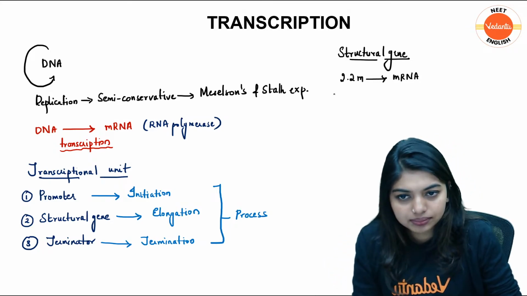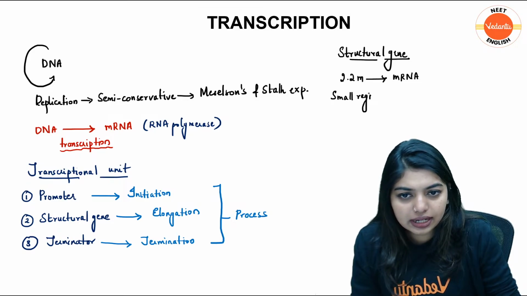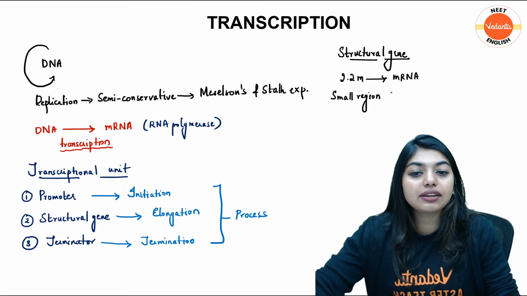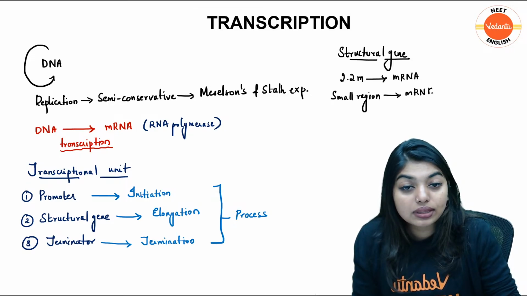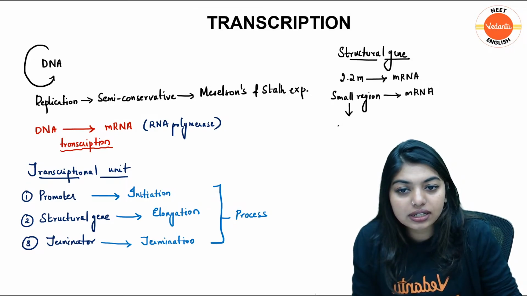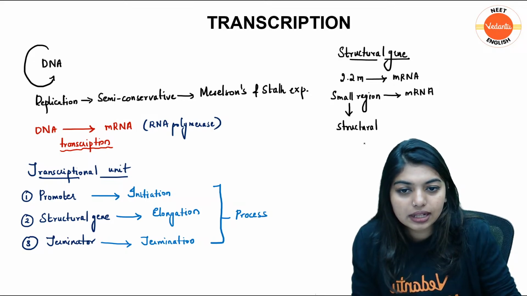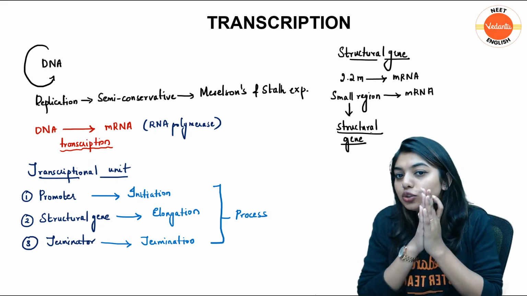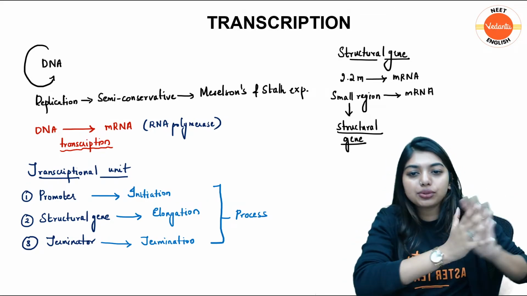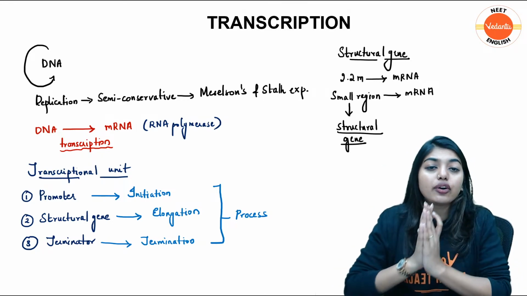So I will take a small region and make that small region into mRNA. That small region is called my structural gene. So the entire 2.2 meters I will not convert into mRNA; I will take a small portion of the DNA, and that portion is called the structural gene.